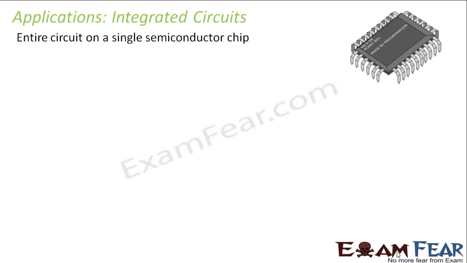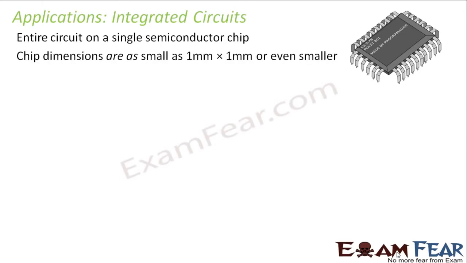But these semiconductor chips are extremely small in size, in the range of millimeters. On that you have an entire circuit fabricated, so they are called integrated circuits. The chip dimensions are as small as 1 millimeter by 1 millimeter or even smaller.